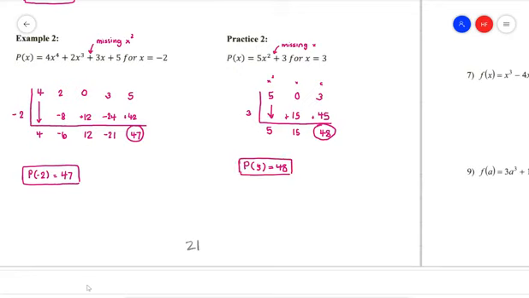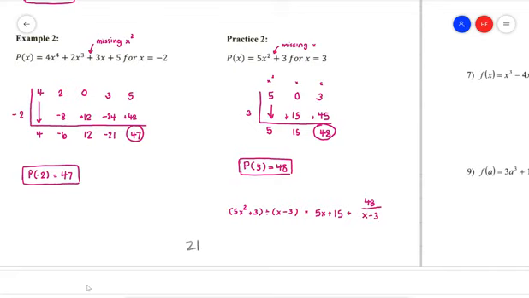So yesterday when we were doing division, we knew that we would have to take the opposite. So this is just for fun: we are dividing 5x squared plus 3 by the opposite, so x minus 3, and that equals 5x plus 15 with a remainder of 48.